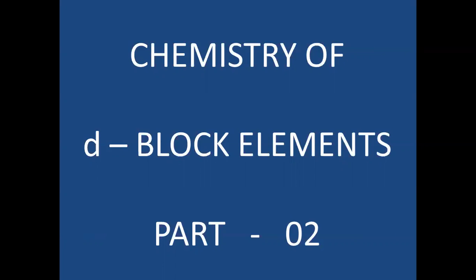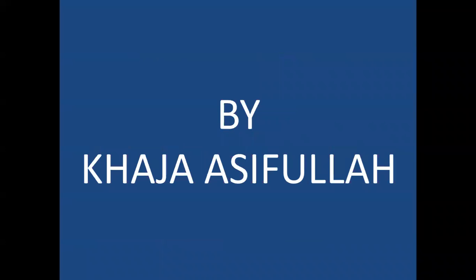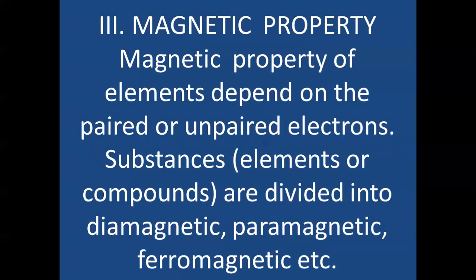We will continue from the last lesson in which we were discussing the characteristic properties of D block elements, in which we were dealing with magnetic properties of D block elements. Today we will continue the same, but we have to recall those things because it is a new session.